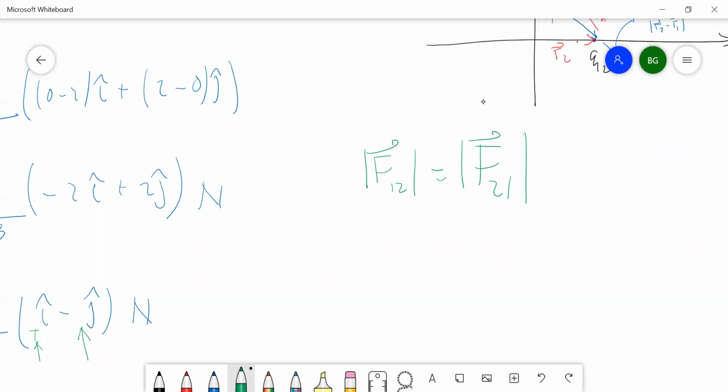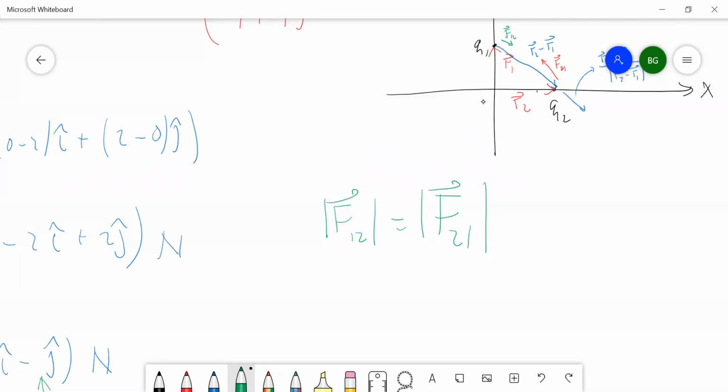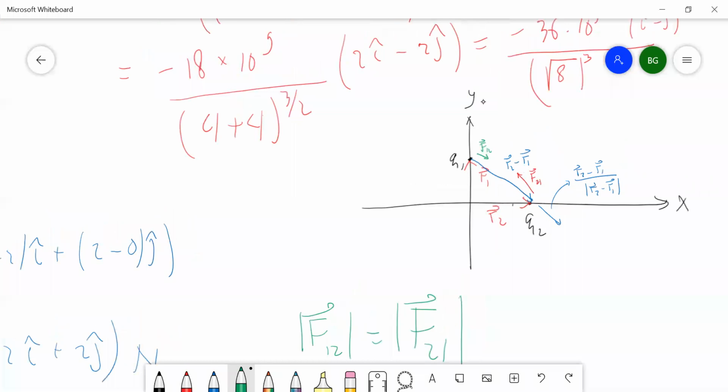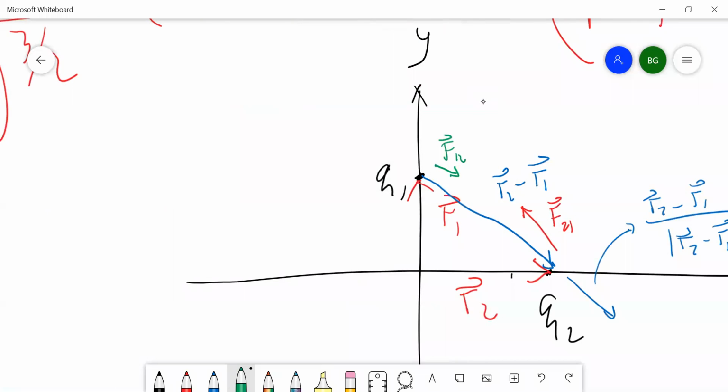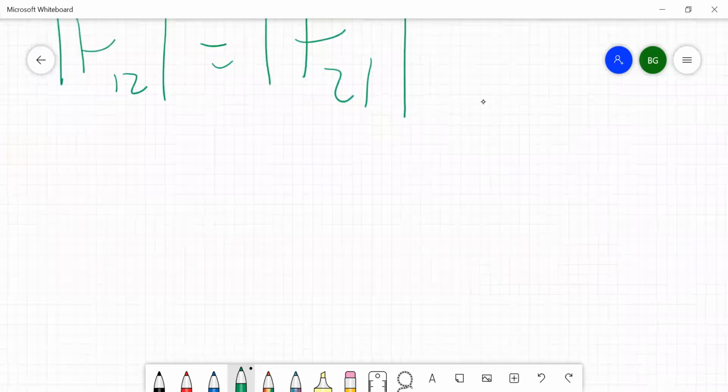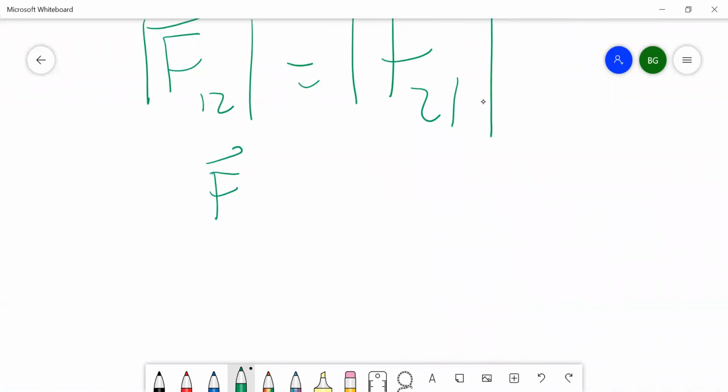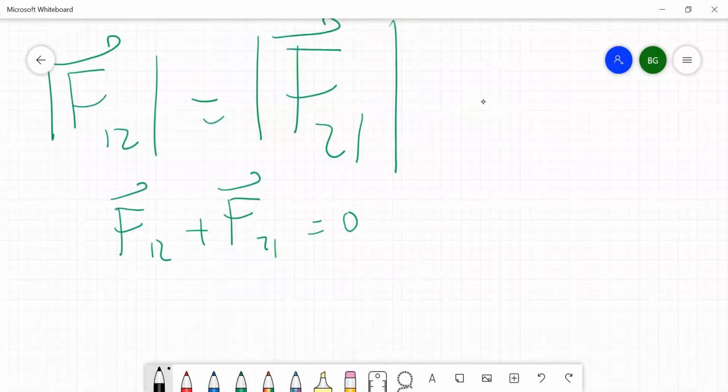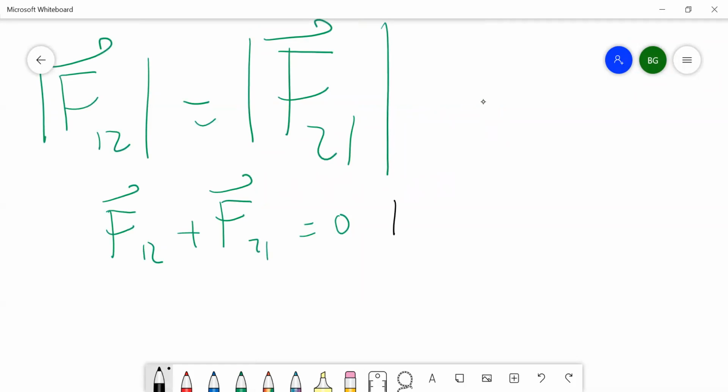But the direction is opposite, right? The directions of these two forces are opposite each other. So it means that the vector sum F12 plus F21 is equal to 0. So F12 is minus F21.